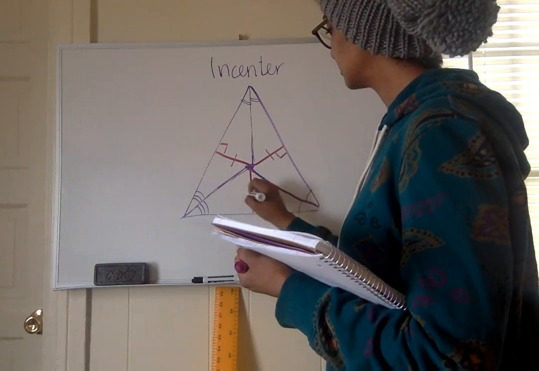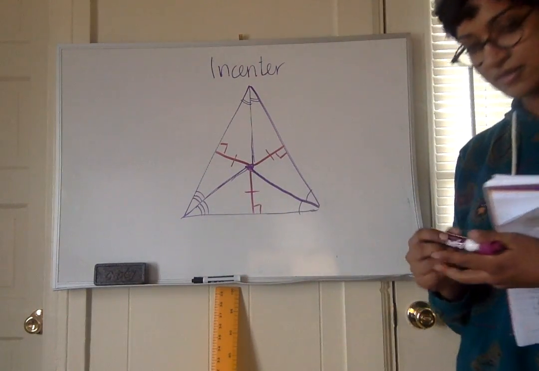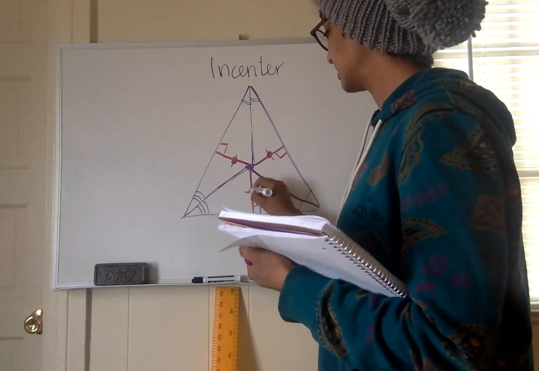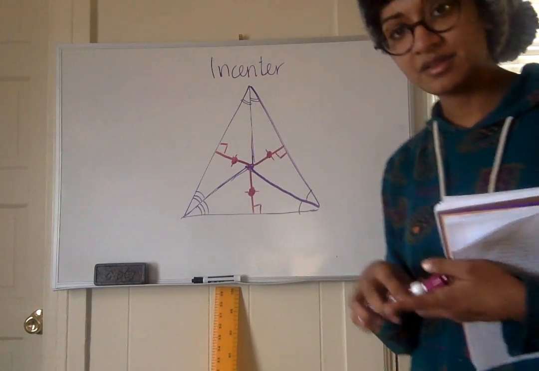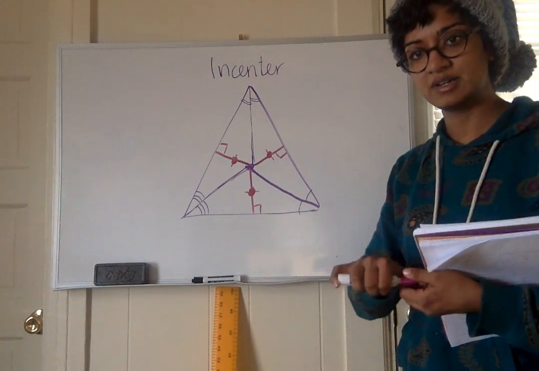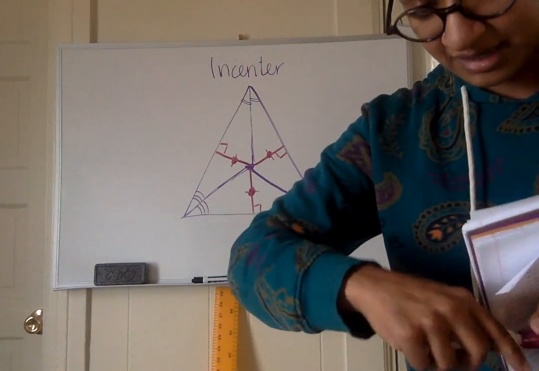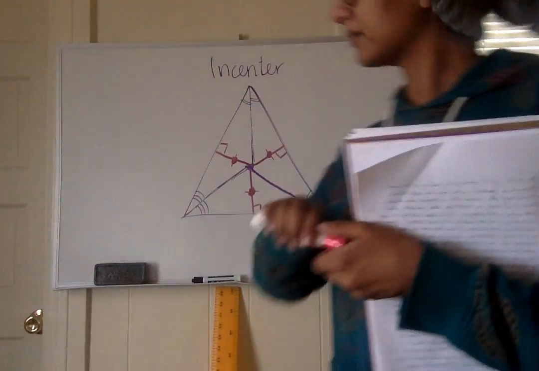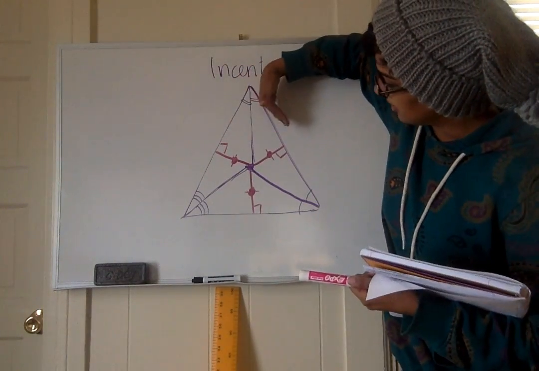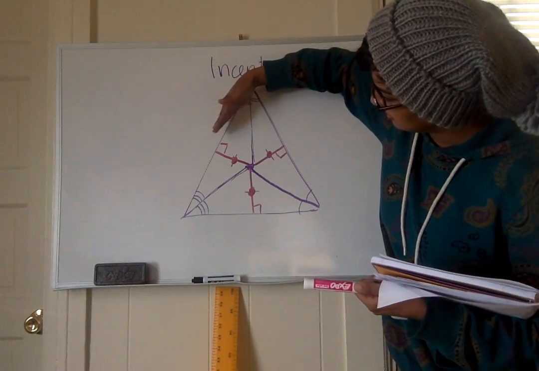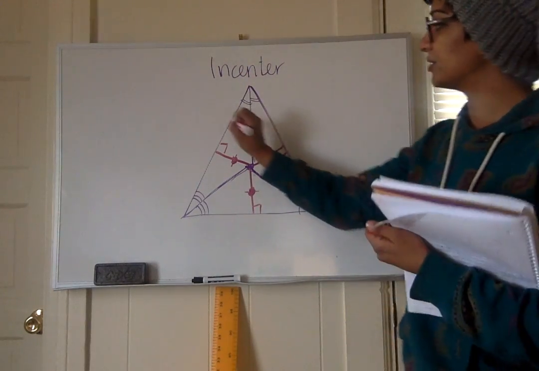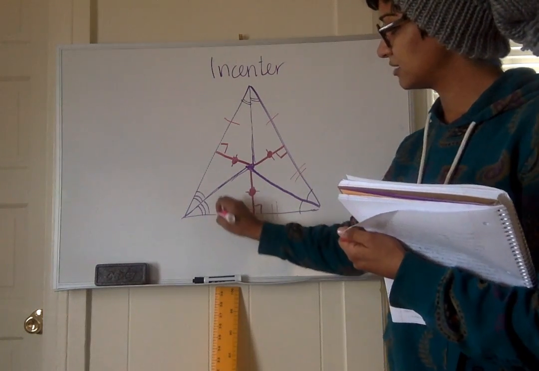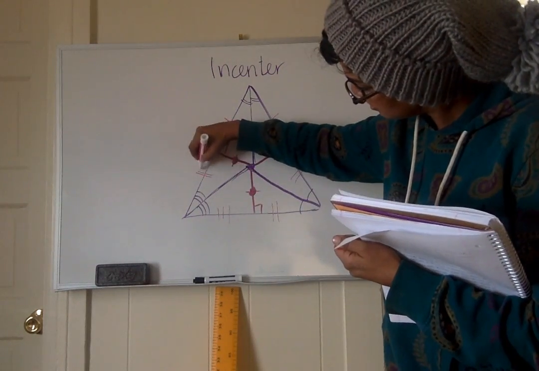This is congruent to this, is congruent to this. Okay? Actually, I'll make them circles because they're on the inside. Okay. Another thing that you have to remember about your incenter is that it makes the sides that are cut off by these sides, like this, congruent. So this one and this one, this one and this one. 1, 2, 3. 1, 2, 3.